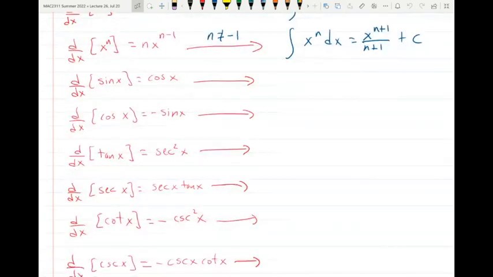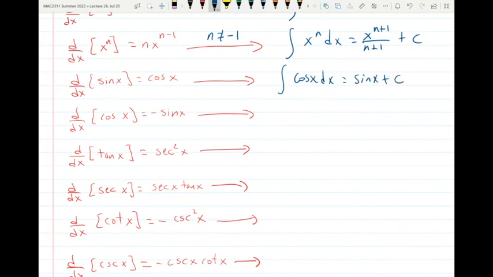All right. So we know the derivative of sine is cosine. What does that mean? If you integrate cosine, what do you get? Sine. So remember, just ask yourself, I need a function whose derivative is cosine. And hopefully the sine function will come to your mind. Okay? It's not negative sine, it's sine. Now we know that the derivative of cosine is negative sine.